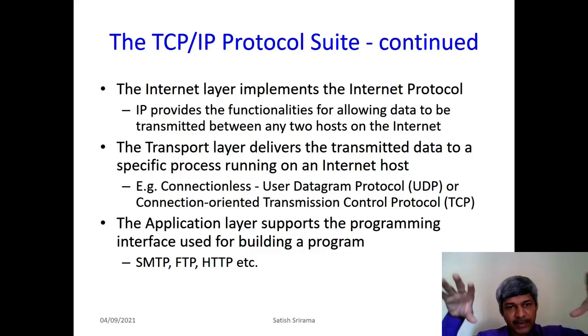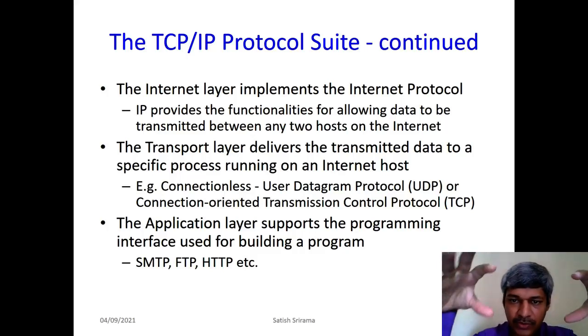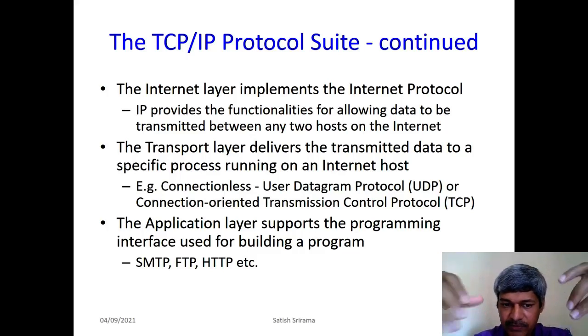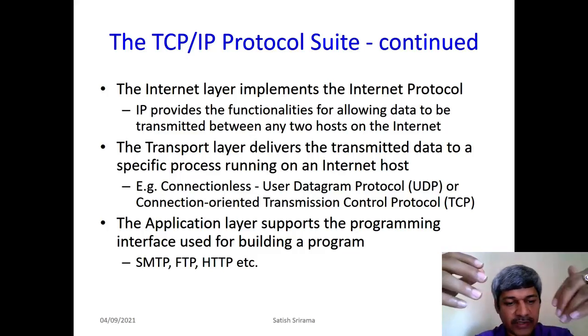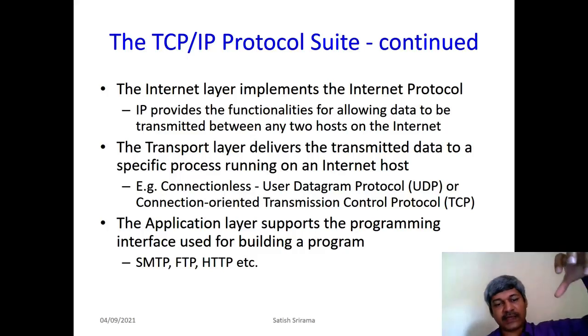The application layer supports programming interfaces used for building a program. Say, for example, if I want to develop an application, I will not be developing it from scratch. Even at the application layer, the network software already provides me some built-in software. For example, SMTP, the Simple Mail Transfer Protocol, using which I can send email messages.